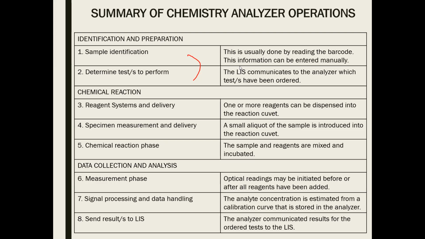Since there is an automated one, most especially in the discrete analyzers, no, yung sample mo, you don't have to click and click all over and all over again in the screen of the machine just to load the test you have to perform. Because through the use of the barcode that we have in our laboratory information system, it will make our work easy.